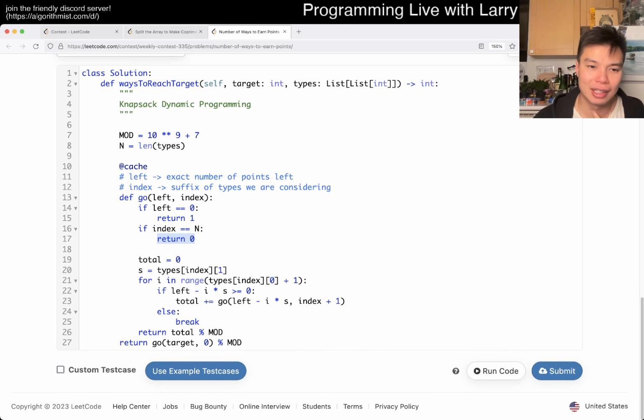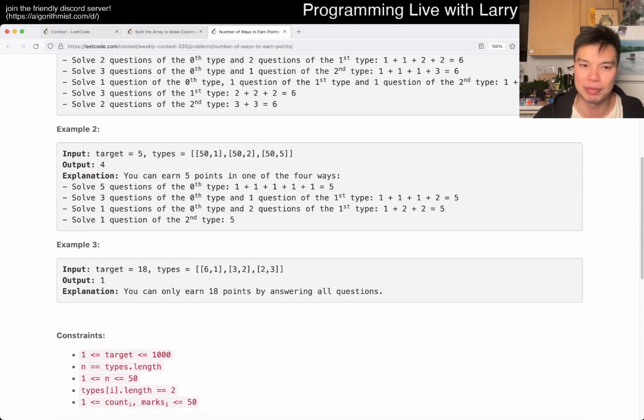Otherwise, we just have the total number of ways. We basically just recursively try: given this is the number of counts in a particular type, if you remember from here, right?